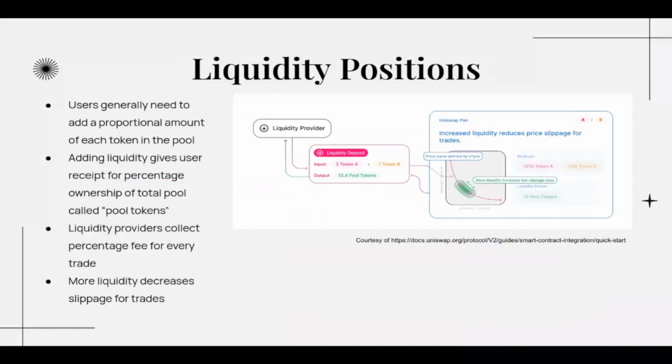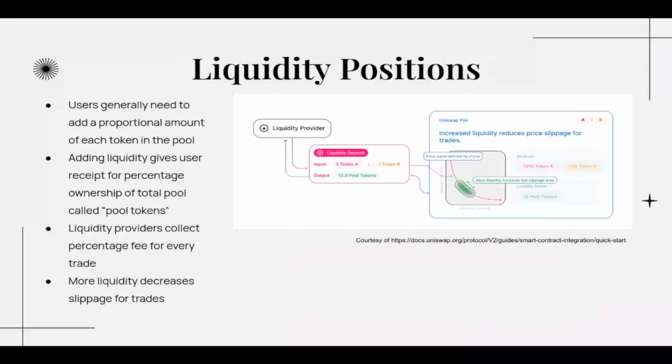So generally, and there are cases like on the newest version of Uniswap where this gets a little more complicated and isn't fully true, but in most cases, and the most common is that to enter a liquidity pool, you need to enter with a proportional amount of each token.